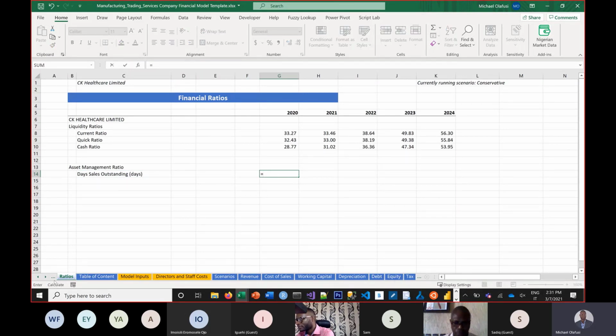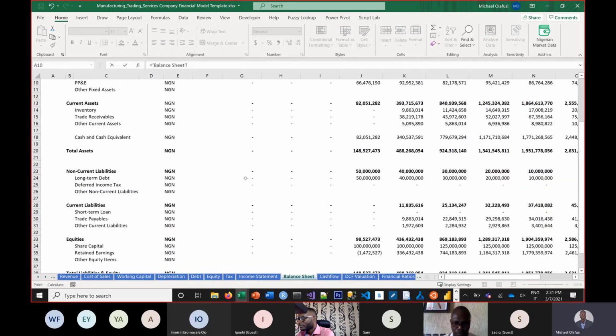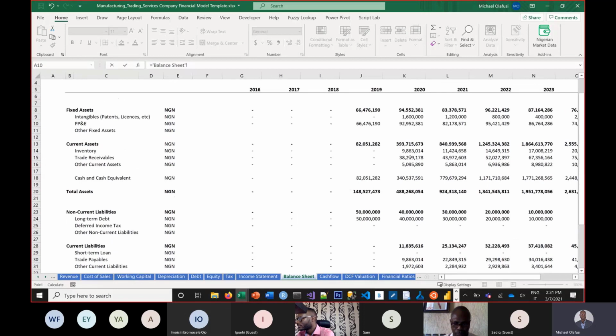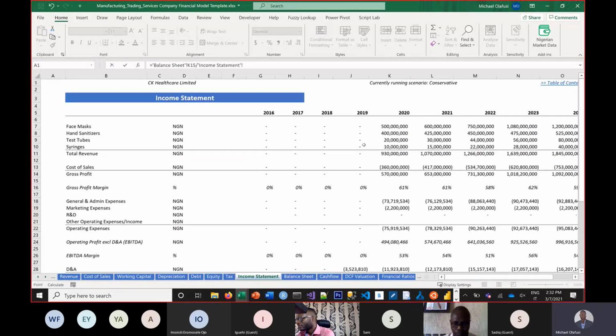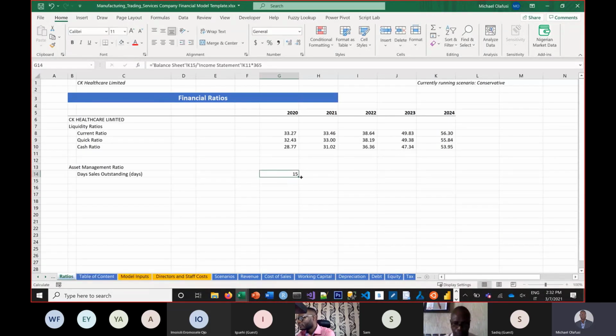So I go again to the balance sheet, that's where I'm going to get our receivable. I pick the receivable for 2020. I'm going to divide it by revenue in the income statement, and we are going to multiply it all by the number of days in a year. So it tells us how many days it takes you to collect your revenue.